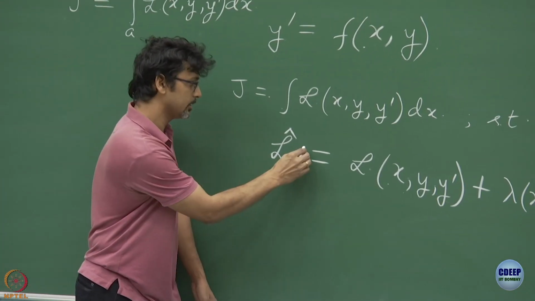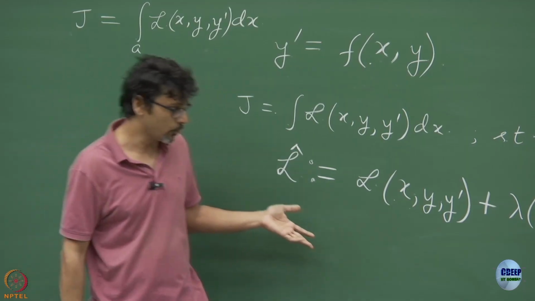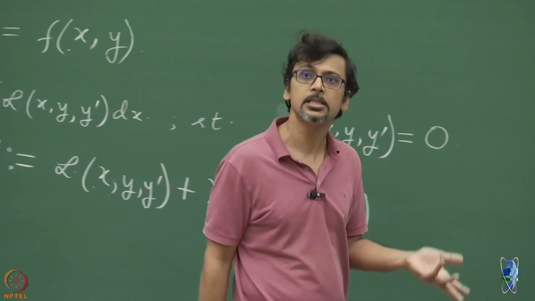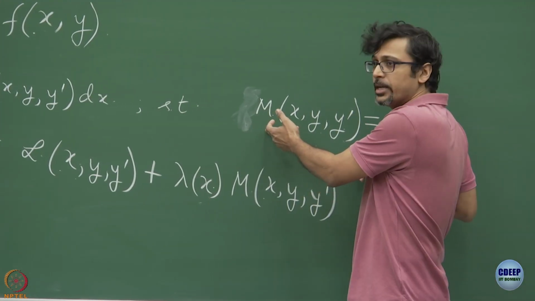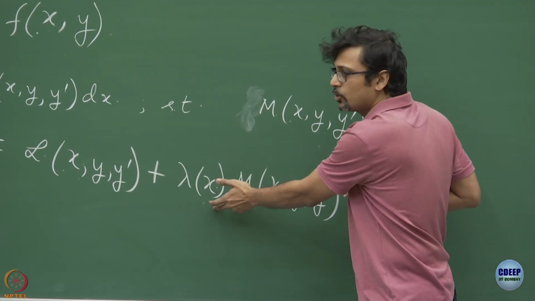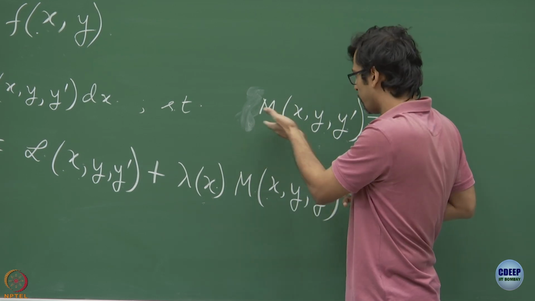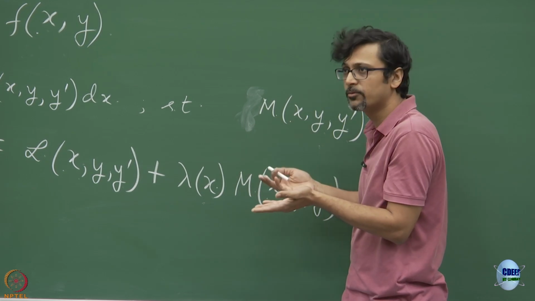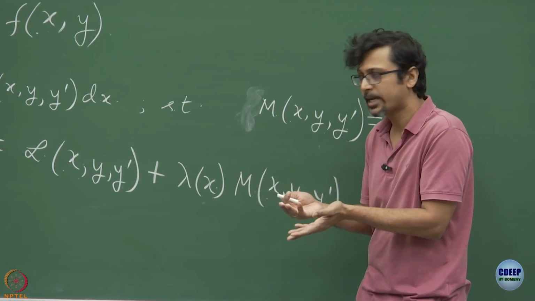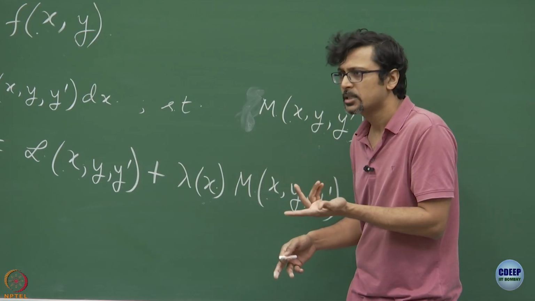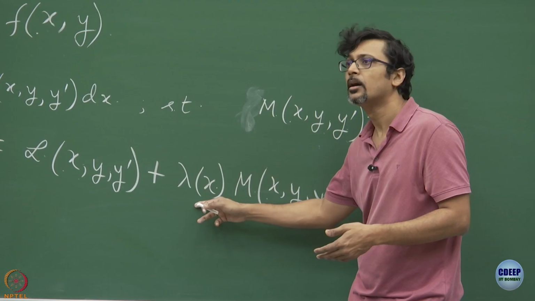If you define it like this and then use the same approach that we did the other day, it makes sense at least intuitively, because this is not an integral constraint, so you allow this lambda to vary from point to point. As you keep evolving over the trajectory, over the curve, over the function, you allow the lambda to also vary depending on the x, because once you have specified the x, the y gets specified according to the curve that it follows. So does the lambda in this case.